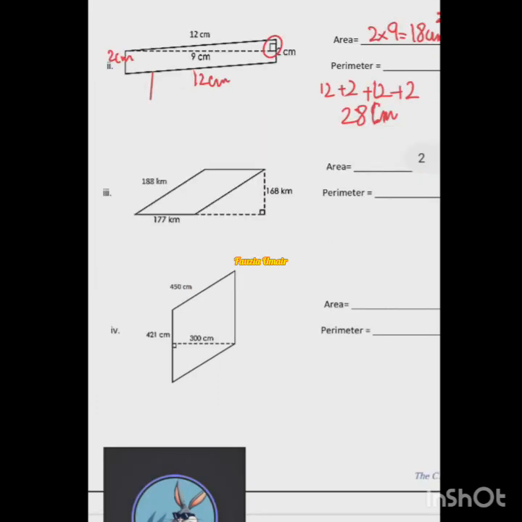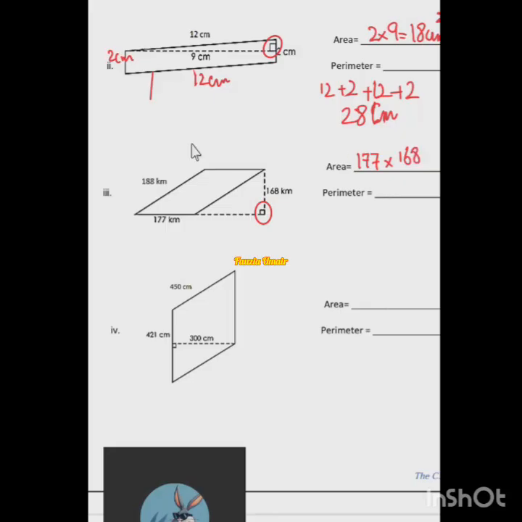Again a parallelogram. So you need to look for the 90-degree angle. So now this is interesting. What is the base? 177 kilometer. And what is the height? 168 kilometer.